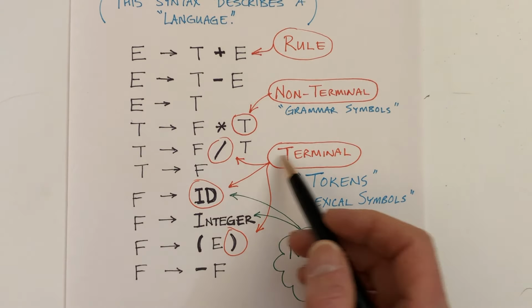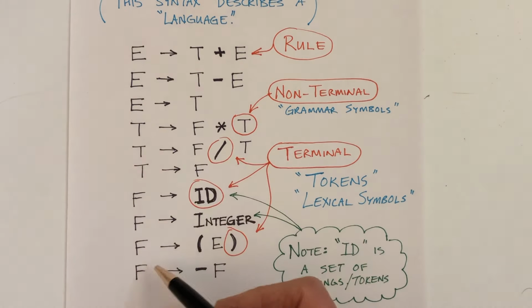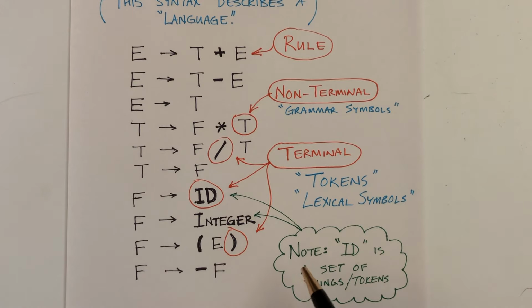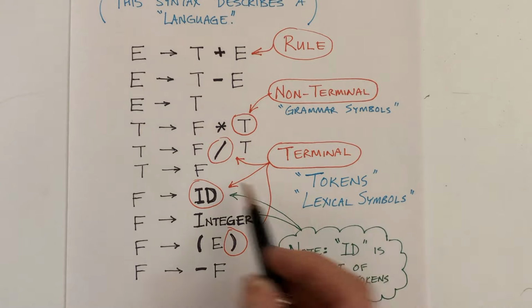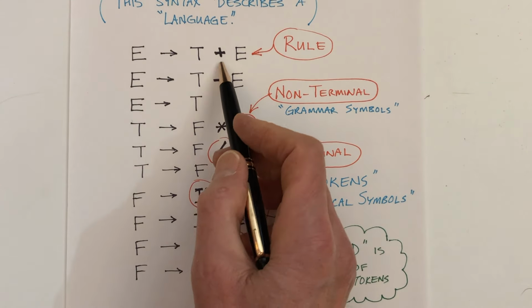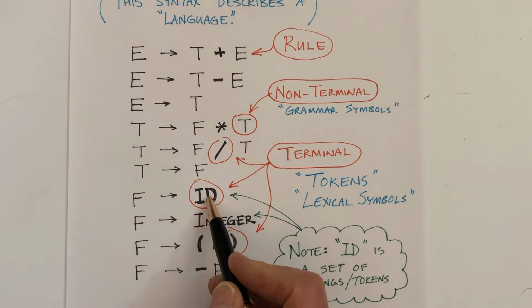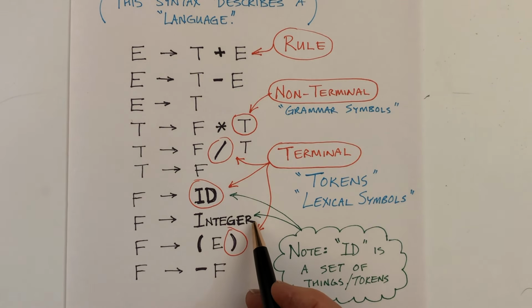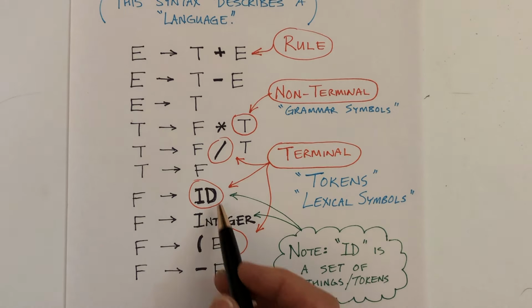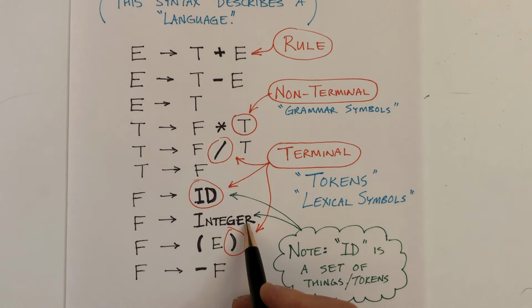These are called the terminal symbols, and they are not defined in the syntax for this particular grammar. Some of these, such as plus and minus, are literal things. Okay, they are just single characters. Others, like identifier and integer, stand for classes of inputs. So there are many different identifiers, many different integers.